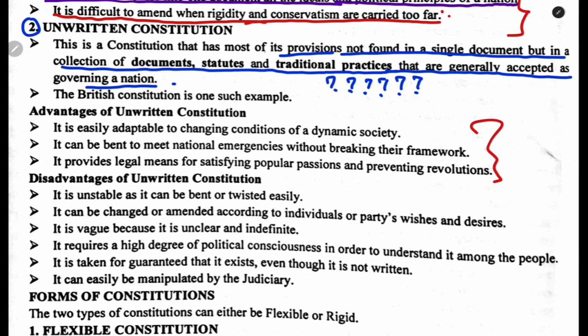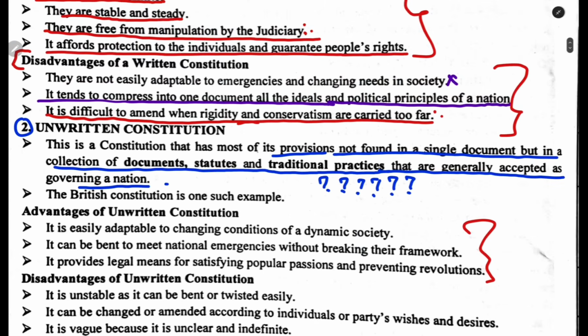So it is easily adaptable to changing conditions of a dynamic society. In the written, under disadvantages, we said they are not easily adaptable to emergencies and changing needs in society. So this time around you say they are adaptable. I hope I'm not confusing anyone. So it is easily adaptable to changing needs in society. So that is an advantage.